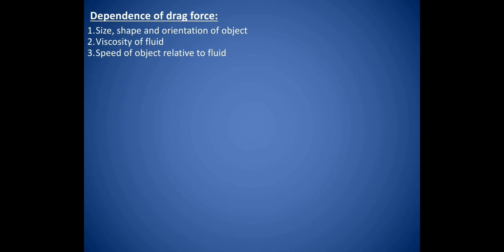If there is a large difference in speed between the fluid and the object, more drag force will be applied by the fluid on the object. If there is a small difference in speed, there will be less drag force, right?